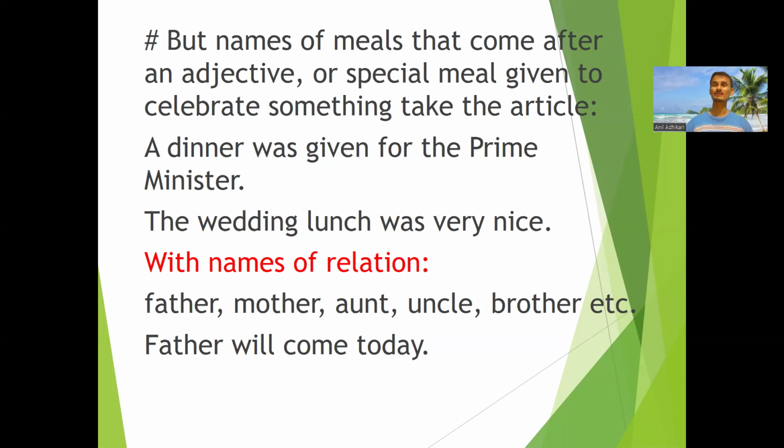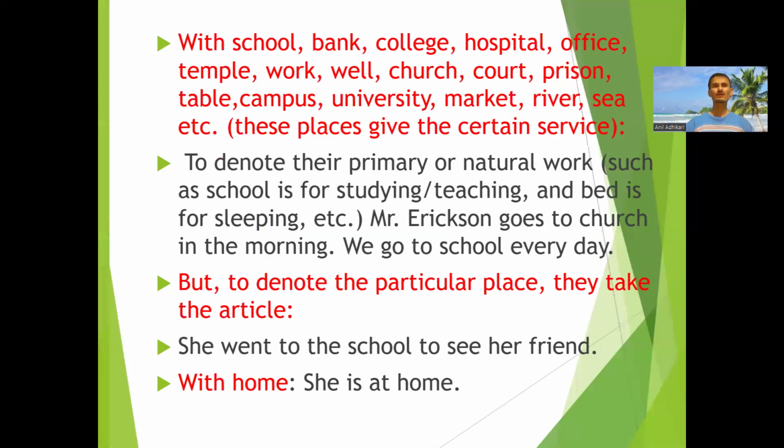Father will come today. We don't say the father will come today. We want to say father will come today. These are the things we have to remember, known as zero article.